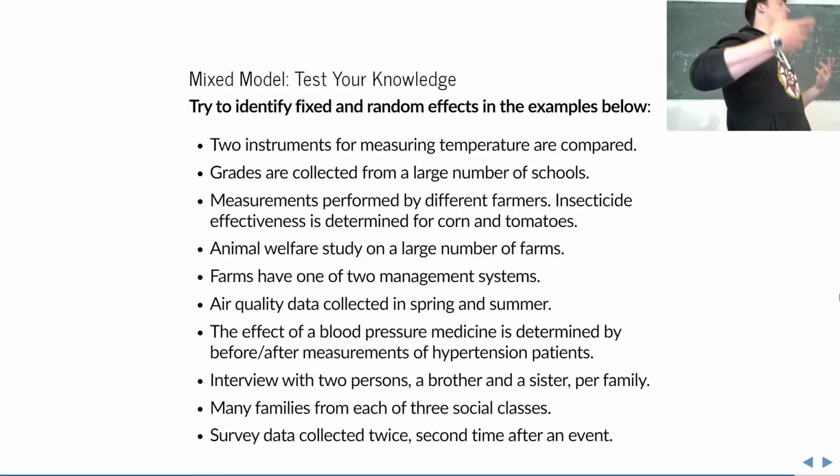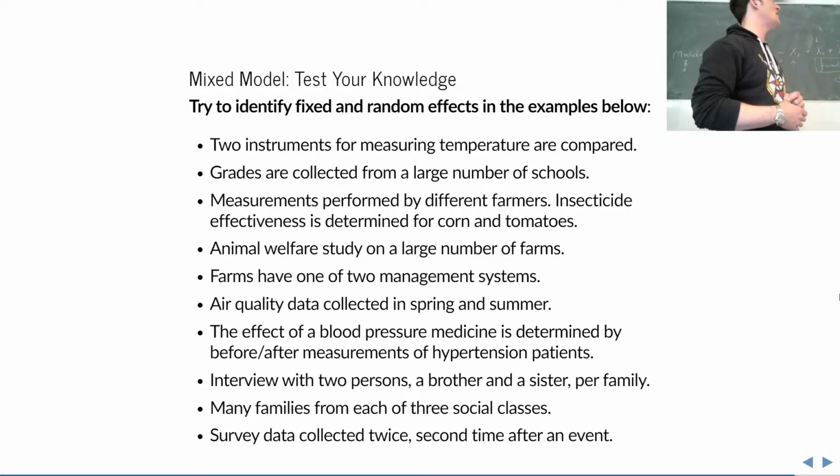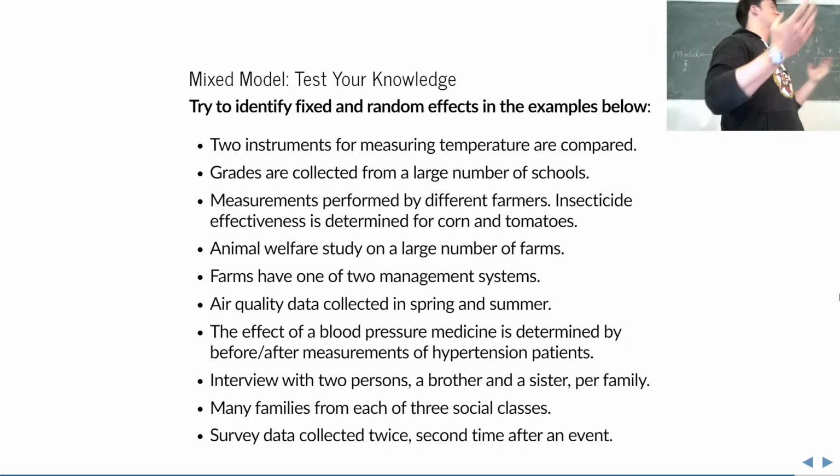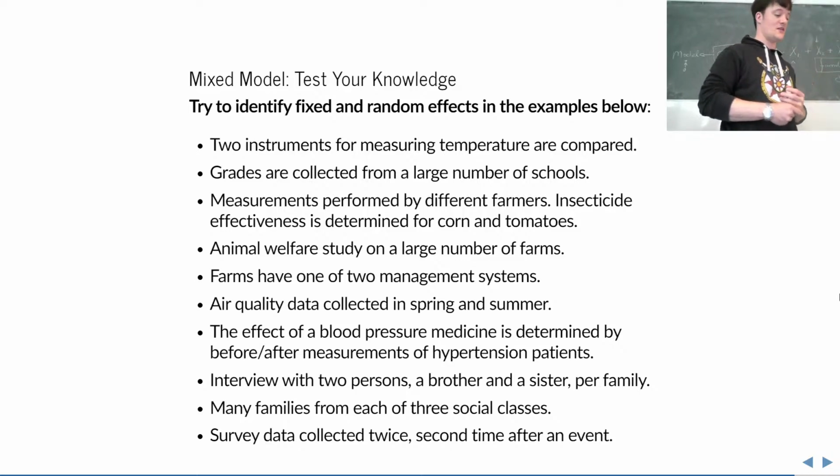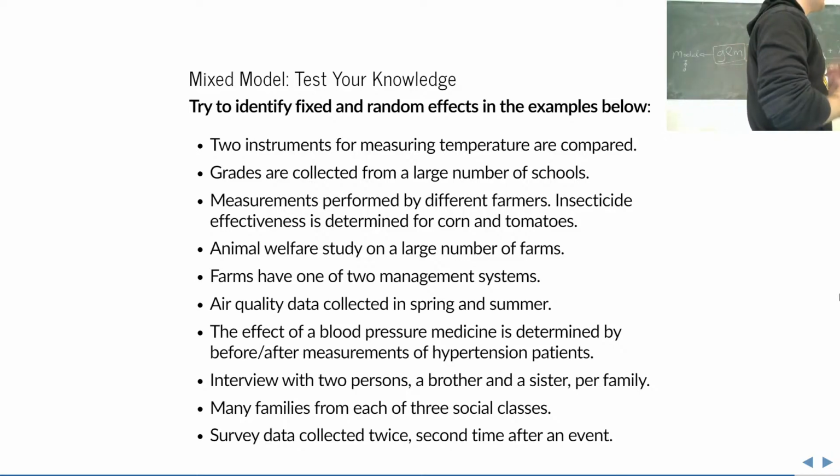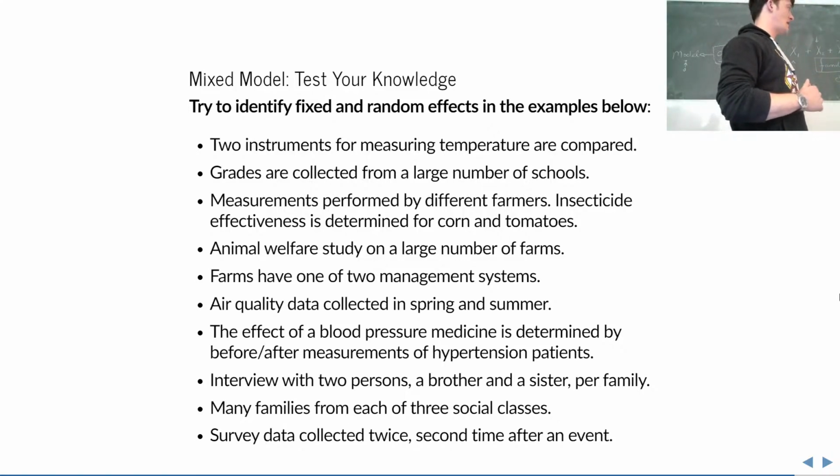Just be creative, just think of, okay, maybe they were measuring this and it was in this way. Describe it and then tell me what is a fixed effect, what is a random effect. We can talk about that on Monday or some other time. I'll have to check the schedule for when I don't have to be at basic statistics, and otherwise you can ask questions about this on Brightspace and we can discuss it there.